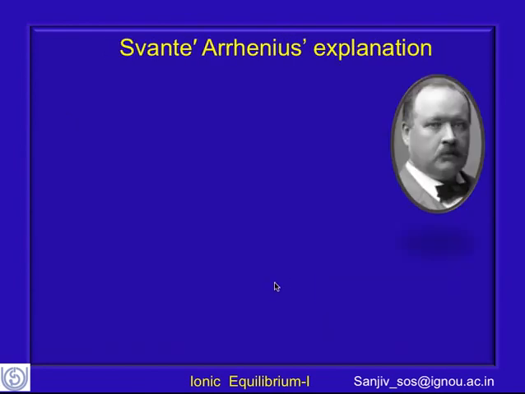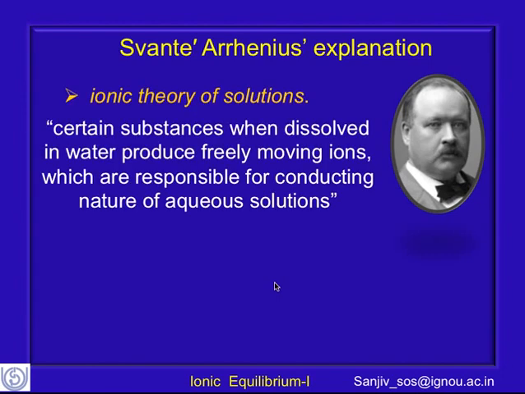Let's move ahead. The explanation for why the aqueous solution of sodium chloride is conducting was given by Arrhenius way back in terms of what is called the ionic theory of solutions. What Arrhenius proposed was that certain substances, when dissolved in water, produce freely moving ions, and these are the ions which cause the conducting nature of the aqueous solutions.